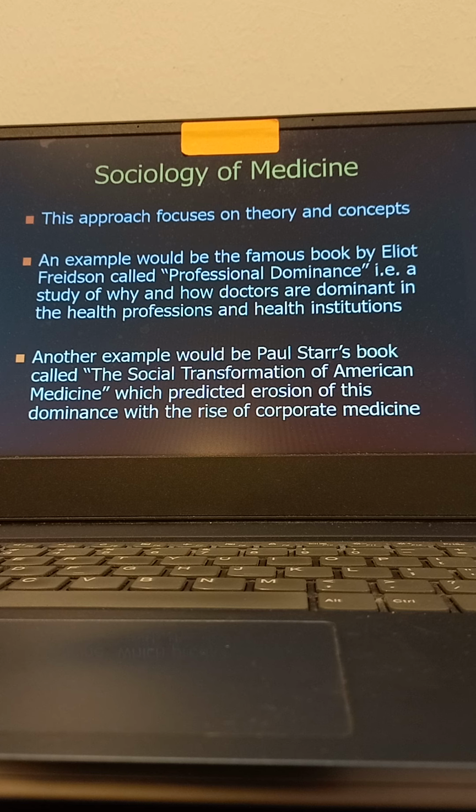Another example would be sociologist Paul Starr's book called The Social Transformation of American Medicine, which predicted the erosion of this dominance with the rise of corporate medicine, for-profit medical care provided by corporations, by companies.